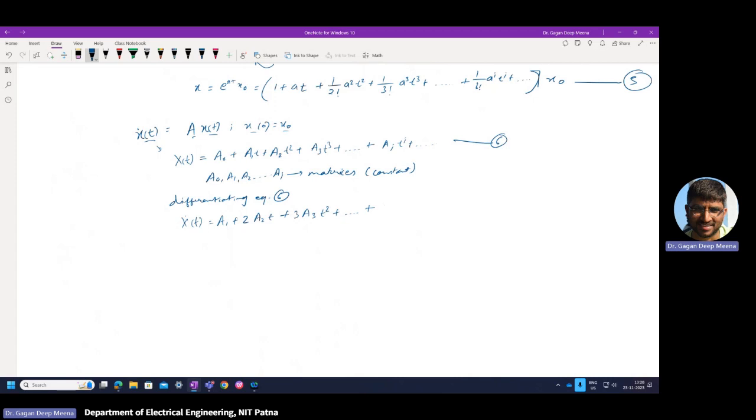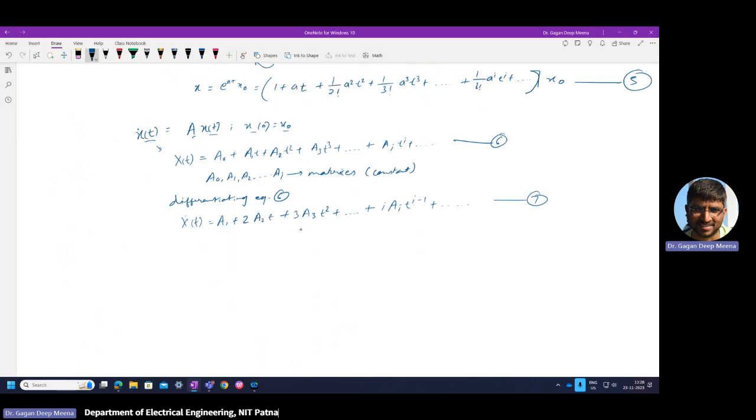Similarly, this term will be differentiated as i ai t to the power i minus 1, and it will keep on going ahead.